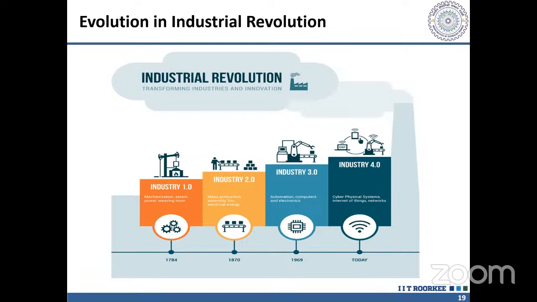This is made possible through the use of advanced technologies such as collaborative robots, or we can say cobotics, and augmented reality, virtual reality, and real-time data analytics. It also emphasizes sustainability and social responsibility with a focus on optimizing resources and reducing wastage.